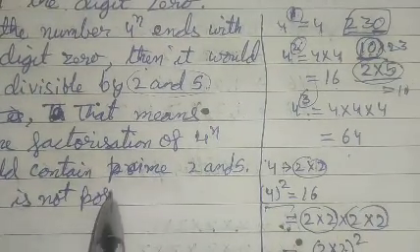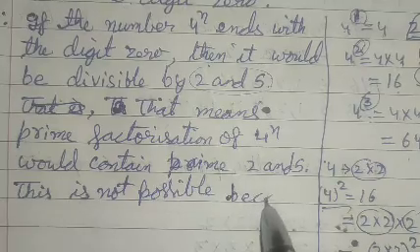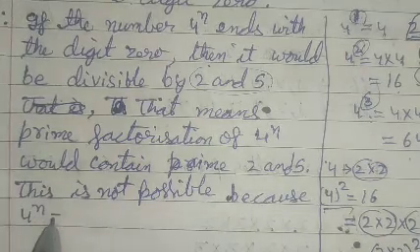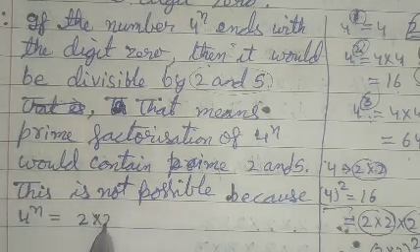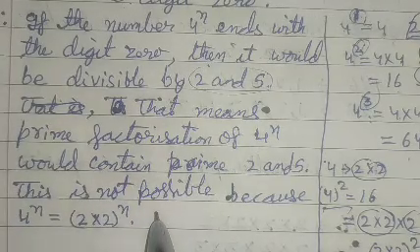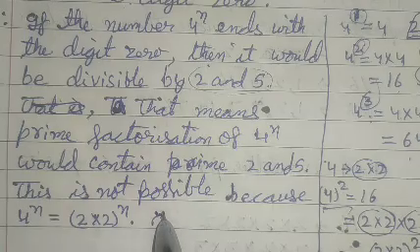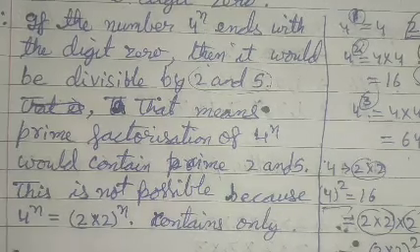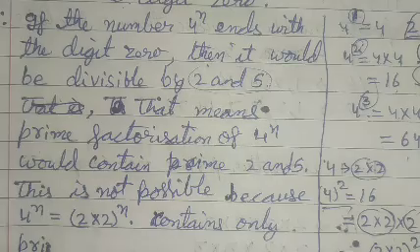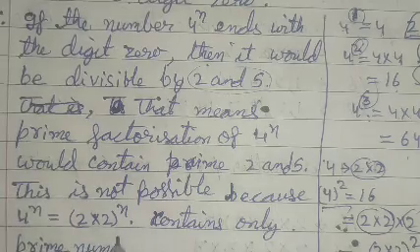This is not possible because 4 raised to power n equals, the factors of 4 being 2 into 2, (2 into 2) raised to power n, which contains only the prime number 2.